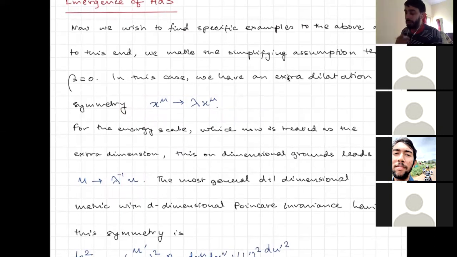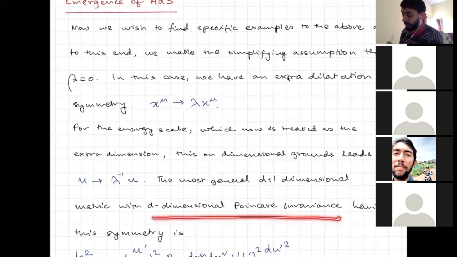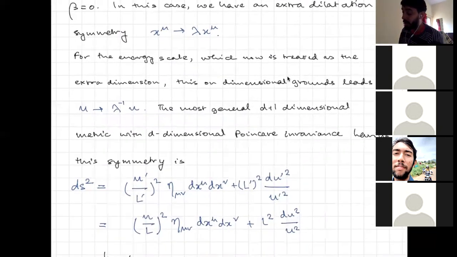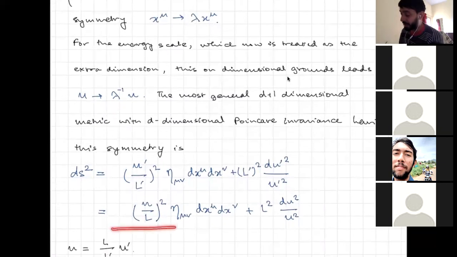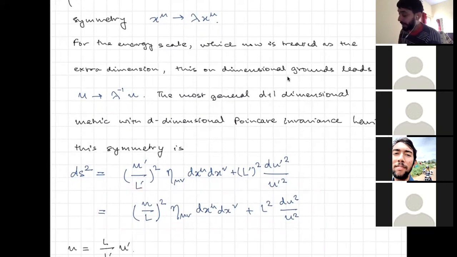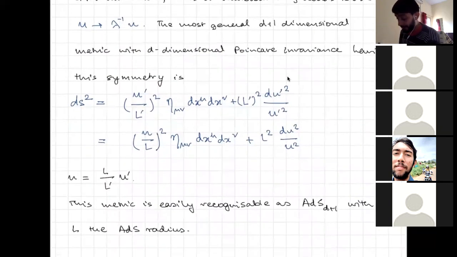Okay, if you construct the d+1 dimensional metric out of it, keeping in mind that you have to have a d-dimensional Poincare invariance along with this extra symmetry, what you end up with is that the most general metric which can do this is something like this. Okay, we will see this more, but this can be recognized as a metric of AdS d+1, with this L as being the radius of AdS.